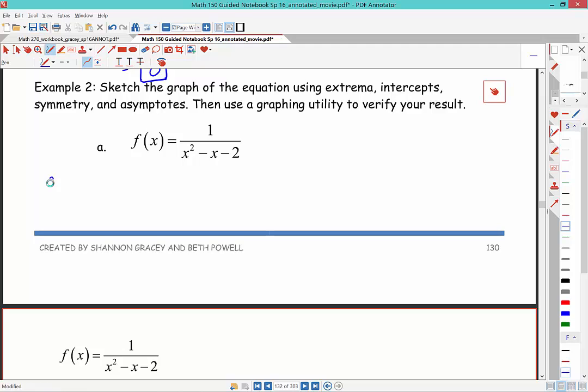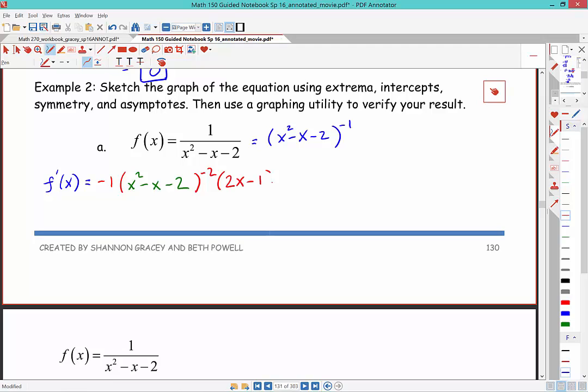We're going to need f prime of x. So this f of x can be written as x squared minus x minus 2 to the -1. So f prime is going to be -1 times our something to the -2. Our something is x squared minus x minus 2, and then times the derivative of our something, which is 2x minus 1.